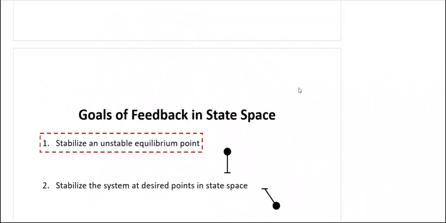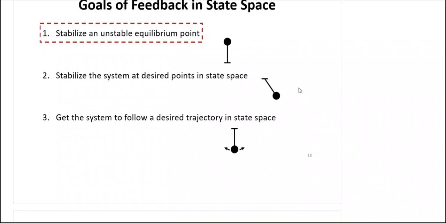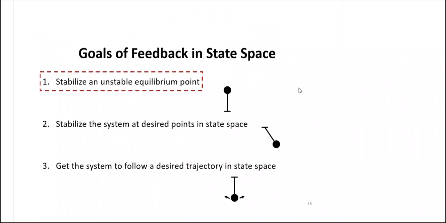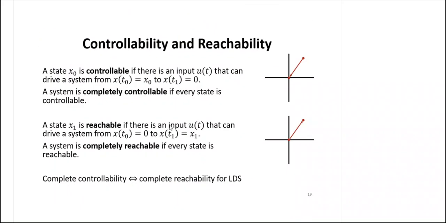It's really important, a lot of advantage to making your system linear, because there are a lot of tools out there for linear systems. Goal of feedback in state space: stabilize an unstable equilibrium point. So there's a concept of controllability and reachability.